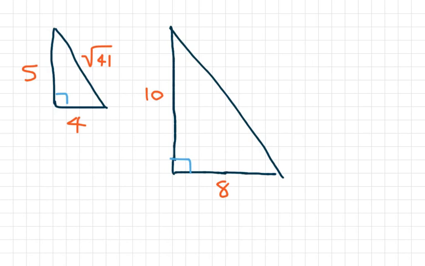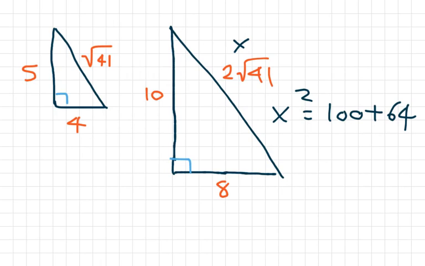Now in the first triangle we found root 41 using Pythagoras' theorem. So what we can do is check the hypotenuse in this enlarged triangle and make sure that the hypotenuse is double the length of root 41. So what we should get here is 2 root 41. Let's just check that out then. If we call this x for now, x squared is equal to 10 squared plus 8 squared. So x is equal to the square root of 164.